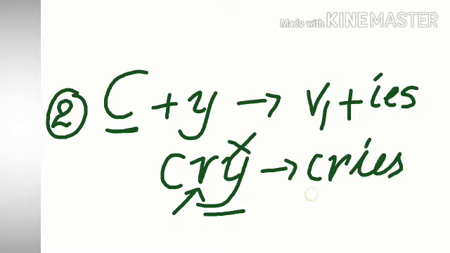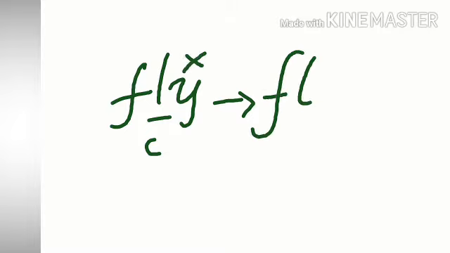So the baby always cries. And we take another example, fly. See, here we have a consonant. So when we use this verb with he, she or it, this becomes fl, remove this Y, add ies.